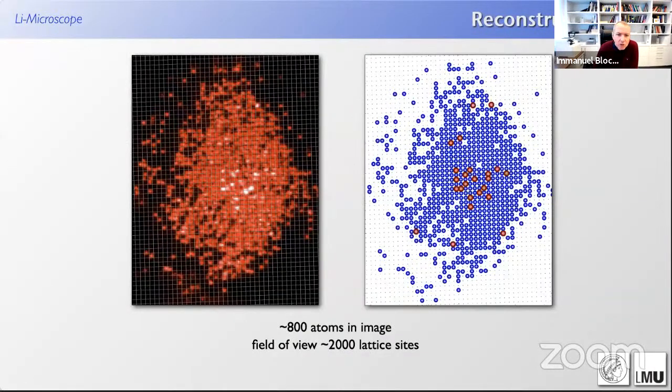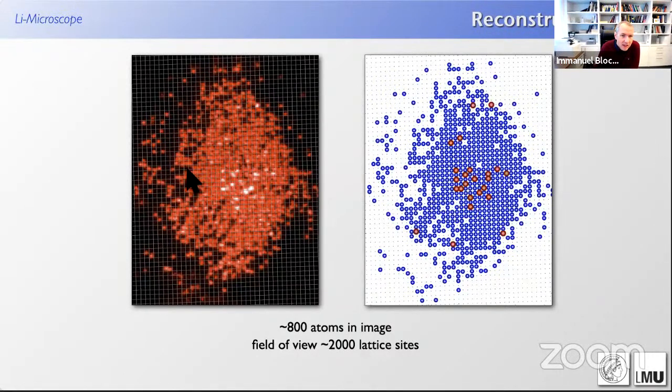Okay, let me first start to show you a little bit what you can do with such images. So let's say this is a single picture from our quantum gas microscope for lithium-6 atoms, for fermionic particles on the lattice. They are not imaged in a spin resolved way, but they are imaged in a density resolved way.